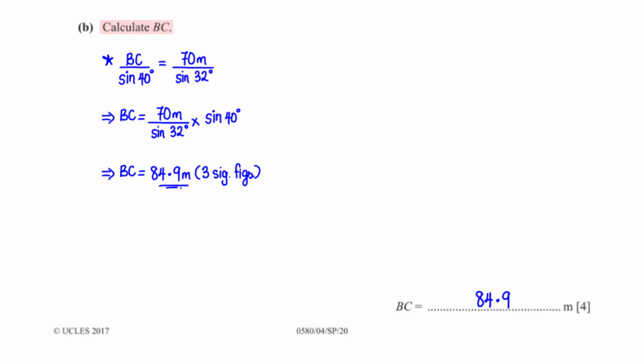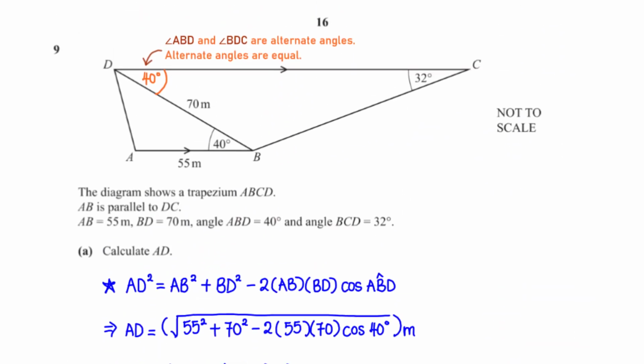Calculate BC. Since AB and DC are parallel lines, these two angles are alternate angles, and alternate angles are equal. Now that we know angle ADC is 40 degrees, we can apply the sine rule to triangle BCD to find the length of BC.